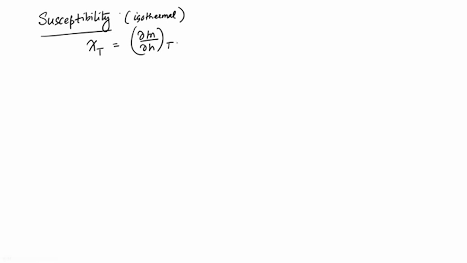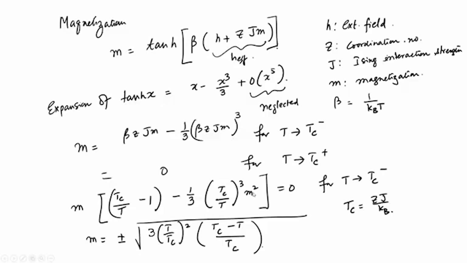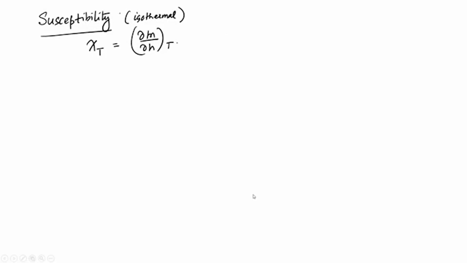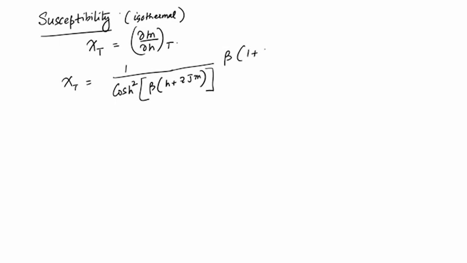Now, if you look at this expression that we have written earlier, the expression on the top of the slide, and take a derivative with respect to H, then we get chi of t is equal to 1 divided by cosine hyperbolic square (beta H plus Z j m) and a beta (1 plus Z chi of t).